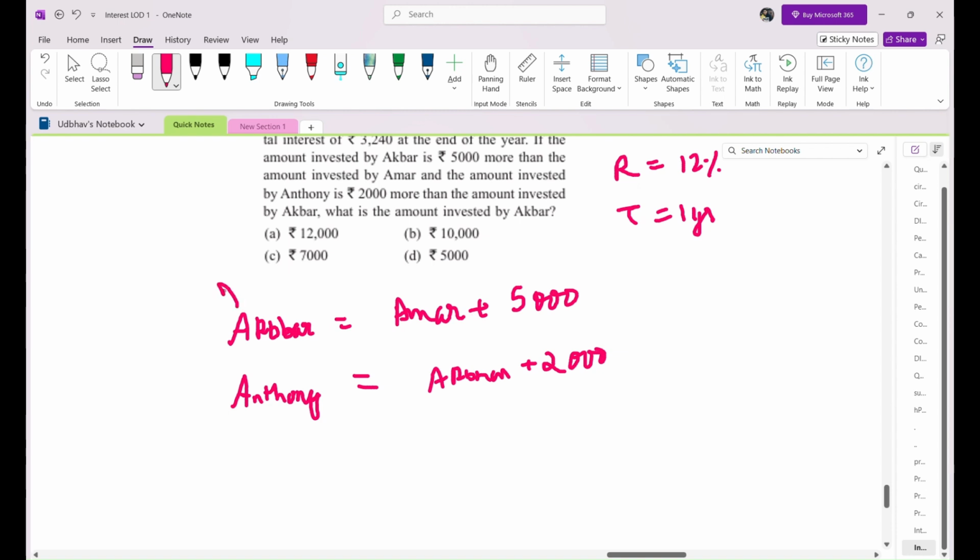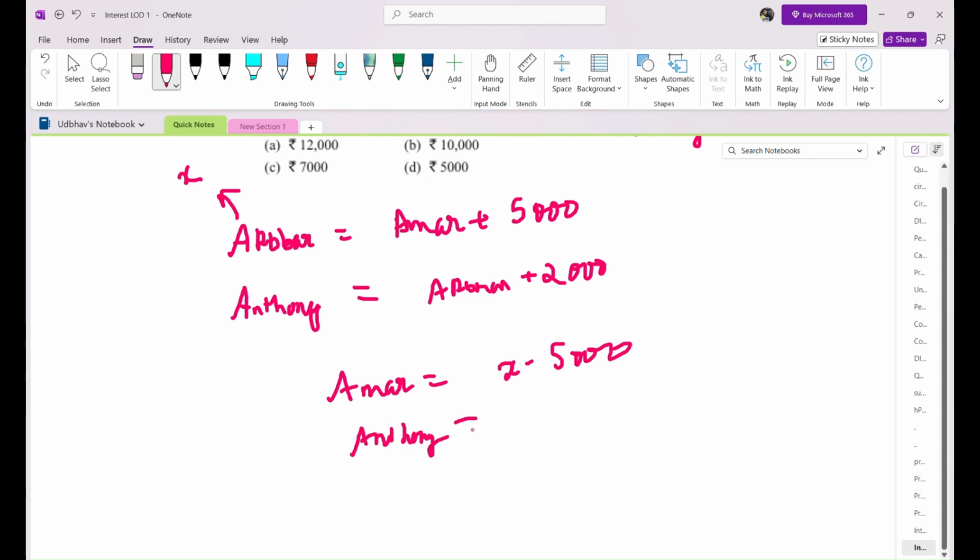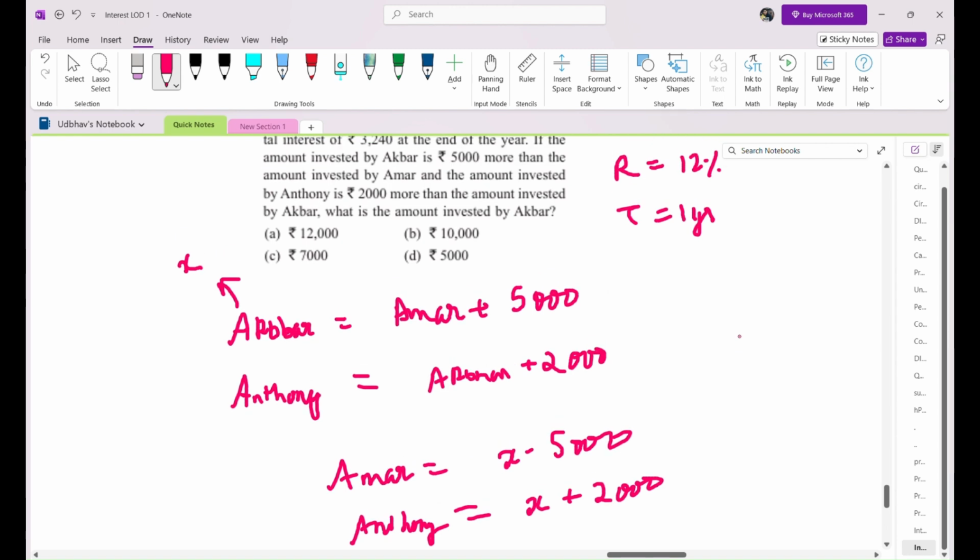Let's say the amount of Akbar is X. If Akbar is X, then Amar will be X minus 5,000 and Anthony will be X plus 2,000.